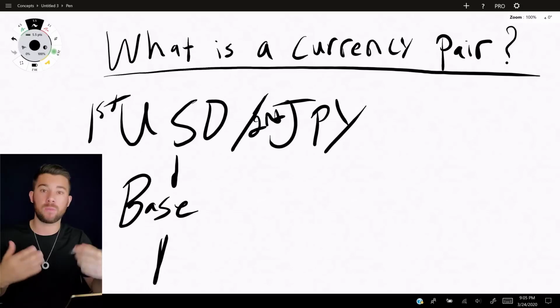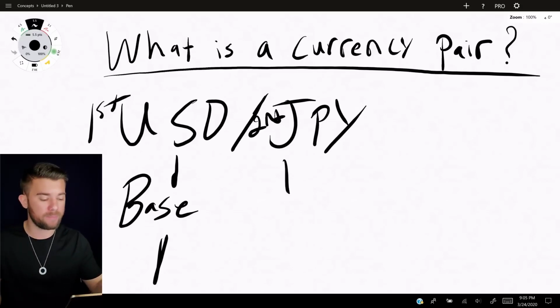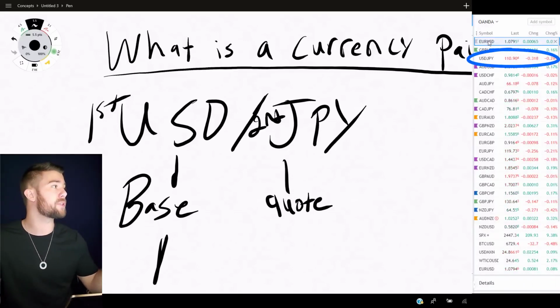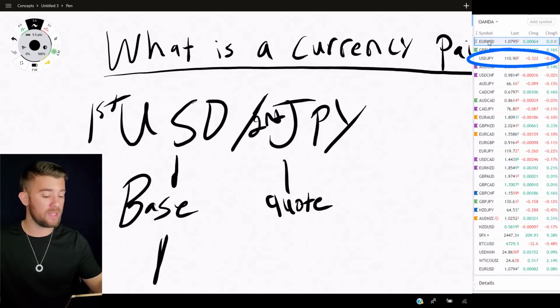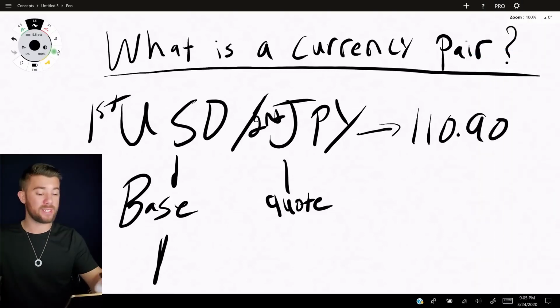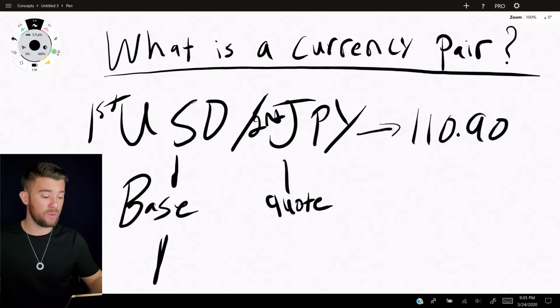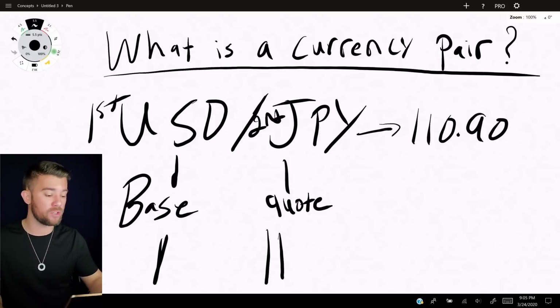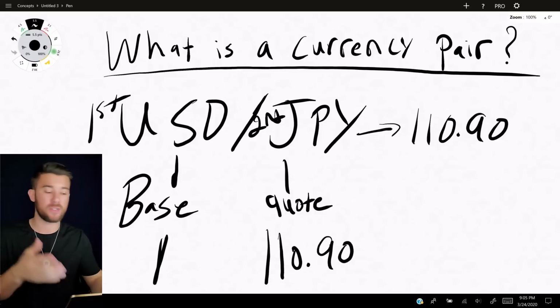The JPY is called the quote pair. So if it's the quote pair, then that means whatever the value of the dollar yen is, and it's on the screen now, it's 110.90. So if you have $1, essentially, that means you have 110.90 yen, excuse me, not euros, yen.